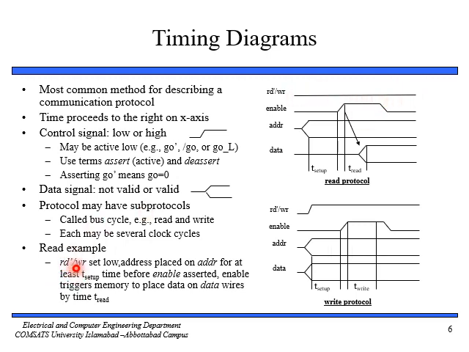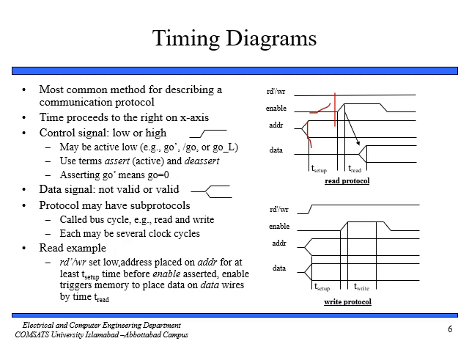So rd dash slash wr is set low, and the address is placed on the address line for at least t setup time before enable is asserted. Here you can see that our enable is asserted here, and here we have t setup time. So this is the difference.